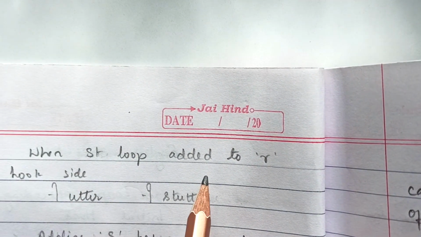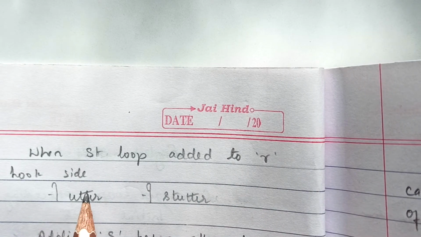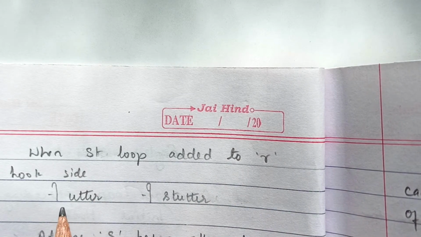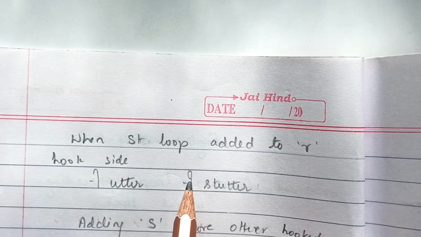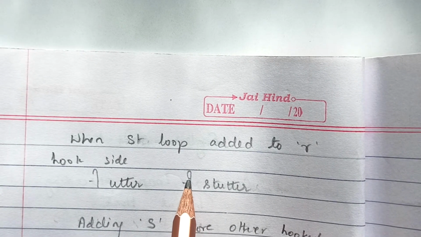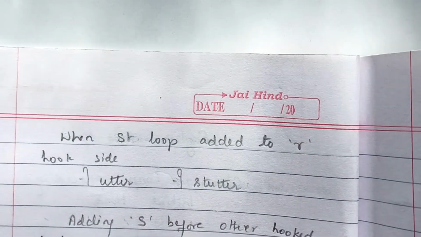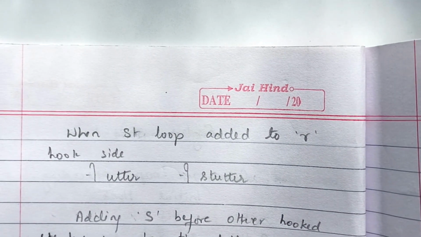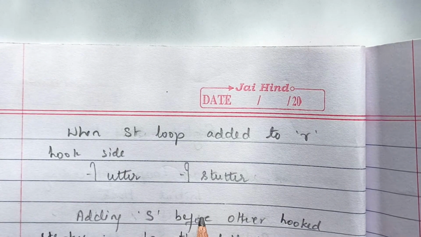When T loop is added to R, the hook side, the word becomes utter. And here it is T loop and the hook R. So stutter. So this is for the straight strokes.